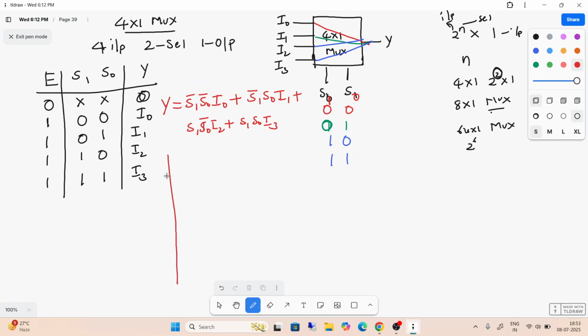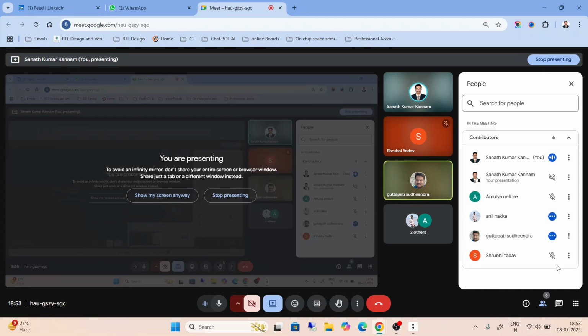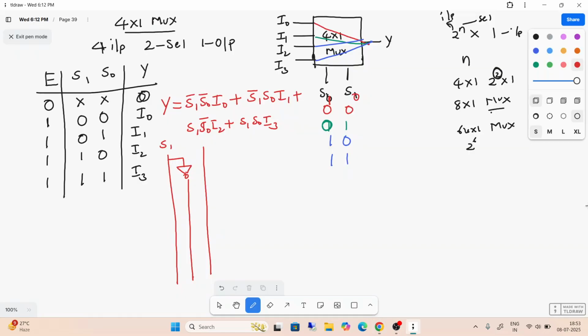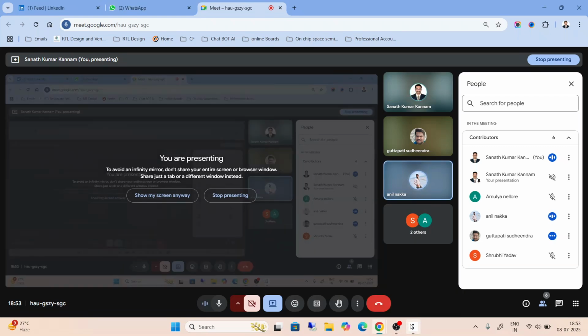S1 is connected with an inverter. Much disturbance is coming, Anil. Just mute yourself when you are not responding.